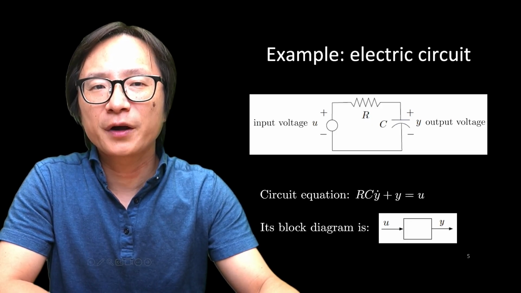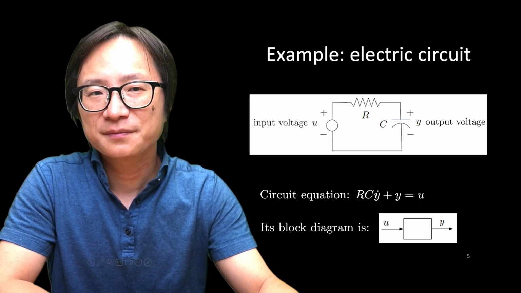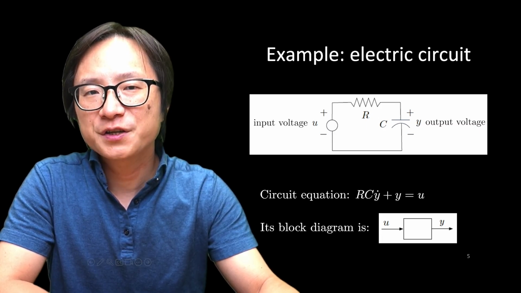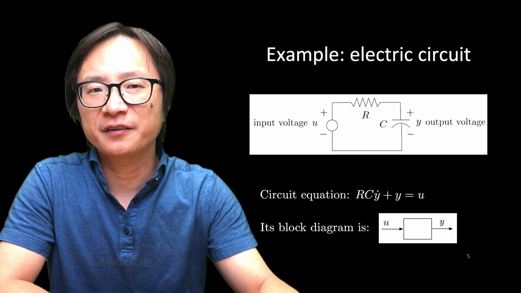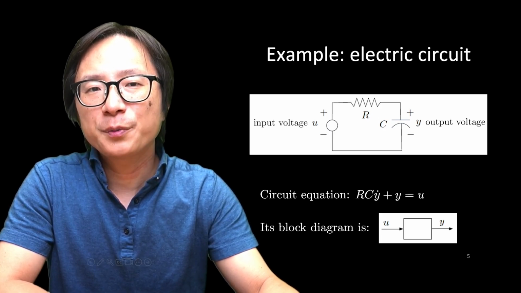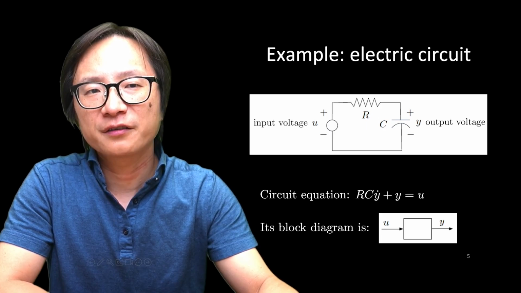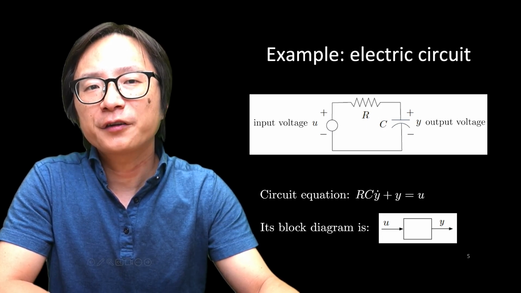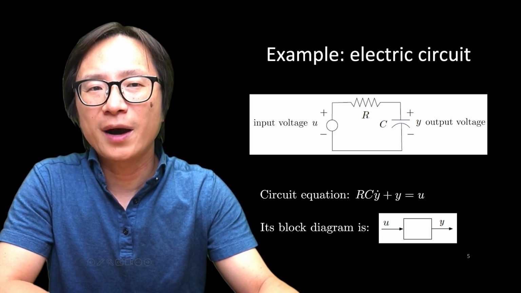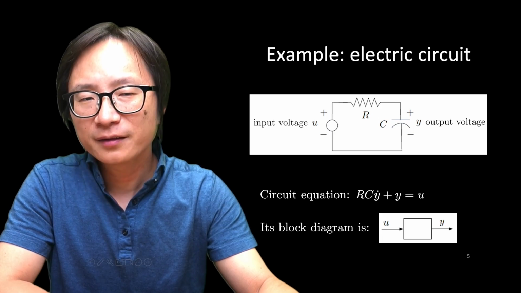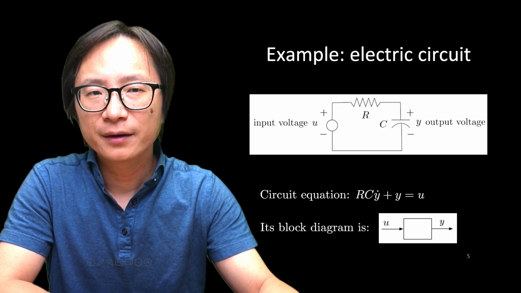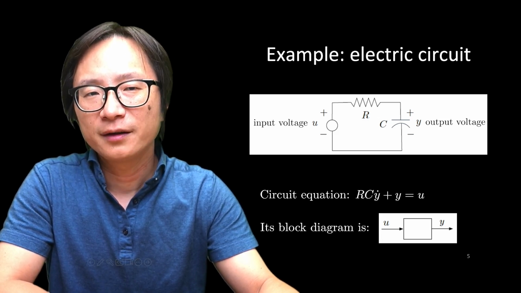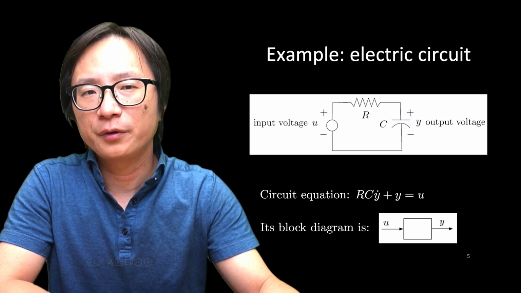Next, let's look at an RC circuit. We have an input voltage U on the left, a resistor R, and a capacitor C. The output voltage Y is measured across the capacitor. The circuit equation is RC y dot. Here y dot is the time derivative, the first derivative of y. So RC y dot is the voltage across the resistor.